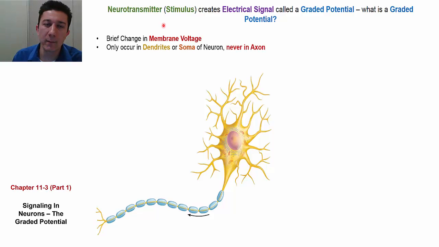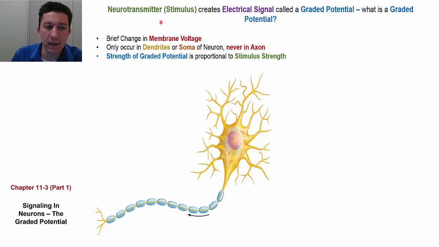But the graded potential only occurs in very specific structures of the neuron. It occurs in the dendrites of the neuron or in the soma of the neuron, but never in the axon. The axon is action potential territory. So it's kind of easy to think of A as an axon. Axons create action potentials, right? Dendrites and somas create graded potentials.